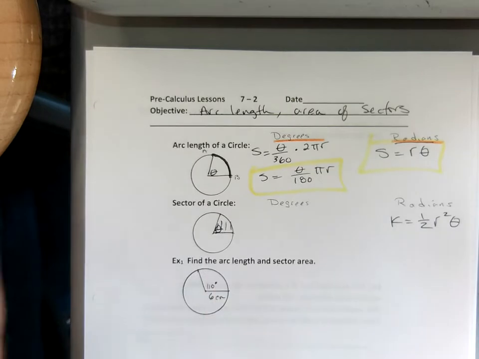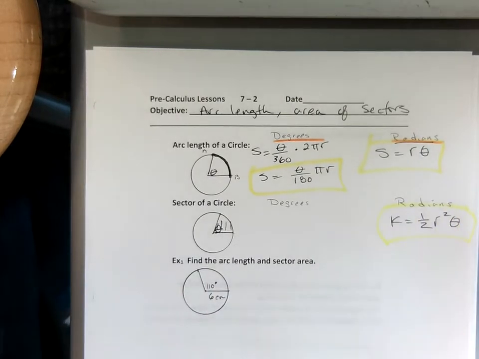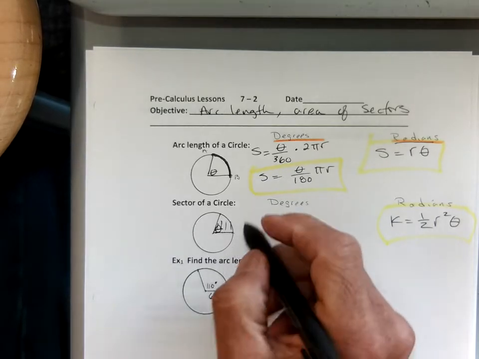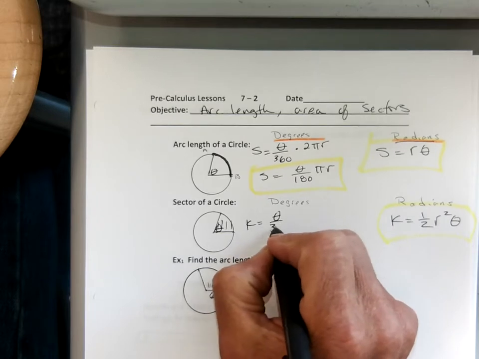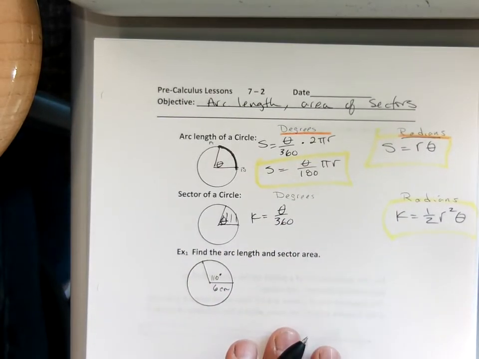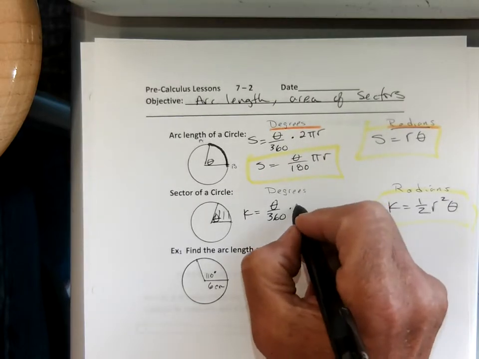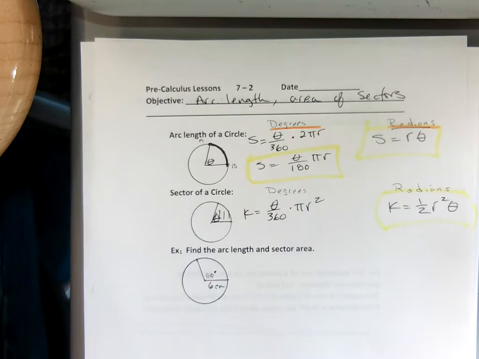If it's in degrees, then the form is a little bit more cumbersome because, you know, it's a degree, right? So instead my K is equal to theta over 360, because it's what portion of the circle, times the area of the circle, times pi r squared, okay?